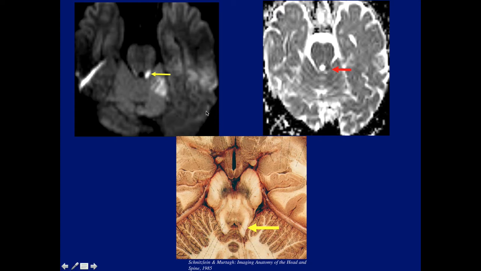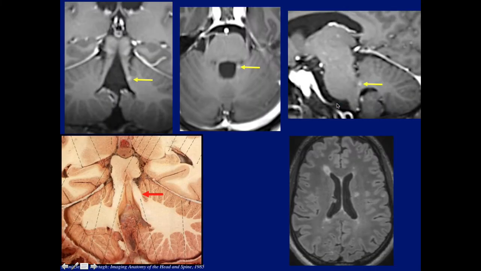Now let's look at some lesions involving the peduncles. Here's a stroke involving the superior cerebellar peduncle. An MS case with multiple lesions, including one lesion involving the superior cerebellar peduncle, seen on 3 projections.